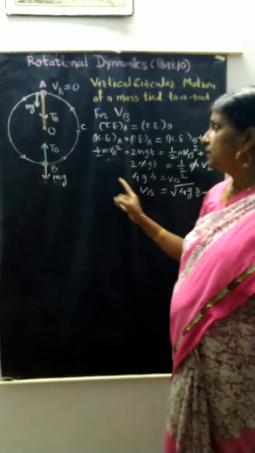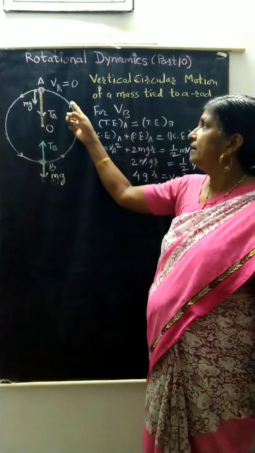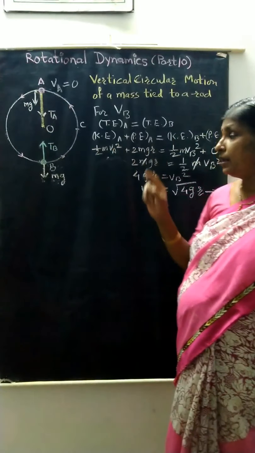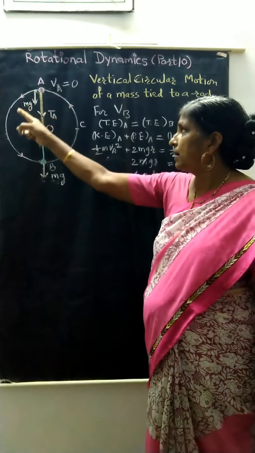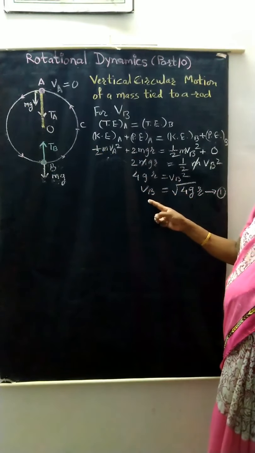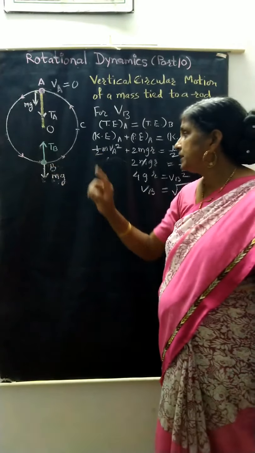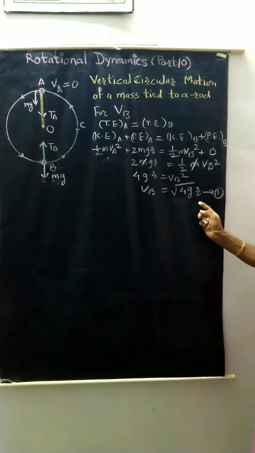Vb gives the minimum speed required so that this system can complete the vertical circle. The motion along the vertical circle can be completed if and only if the minimum velocity at the bottom of this circle is under root 4gr.